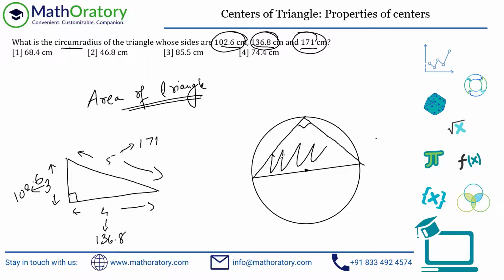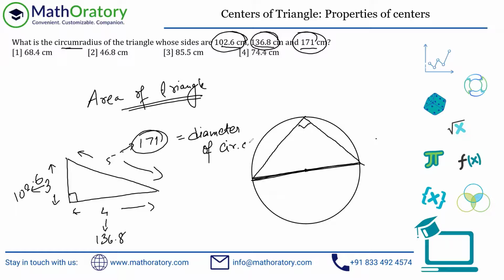Now notice this triangle here. This is a right angle triangle, right? So for a right angle triangle, the circumcircle that we are going to have will have the diameter as the hypotenuse of the triangle. So in this case, this 171 will be the diameter of the circumcircle. I'm writing this in short, so just read this as circumcircle.